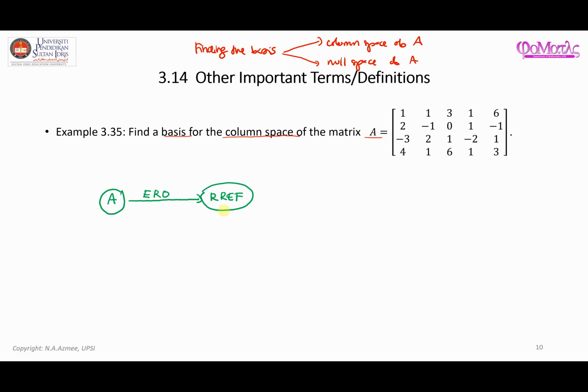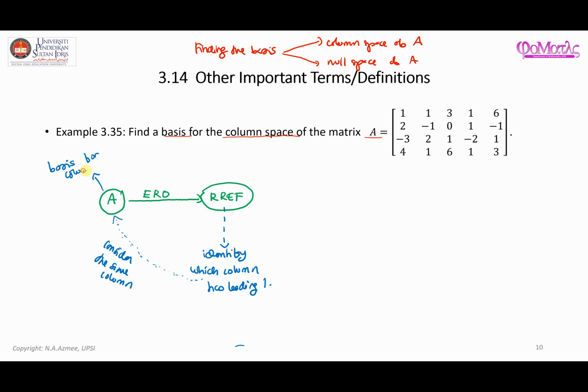Once you have identified that, you go back to the original matrix A and consider the same columns that you found here. The columns from the matrix A are the basis for the column space.